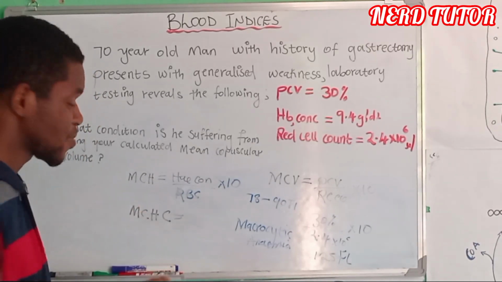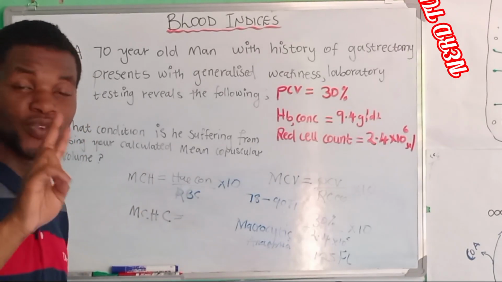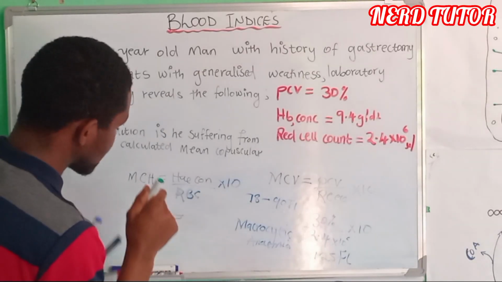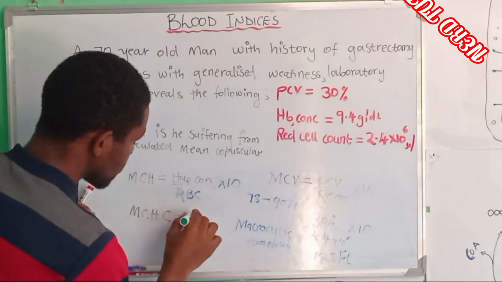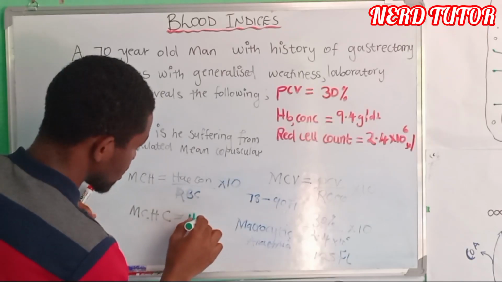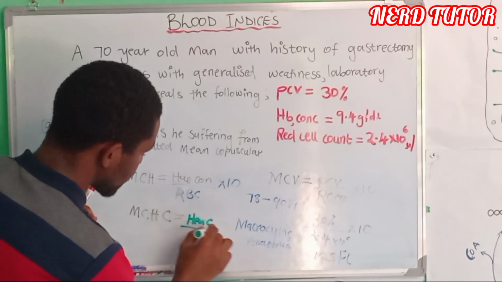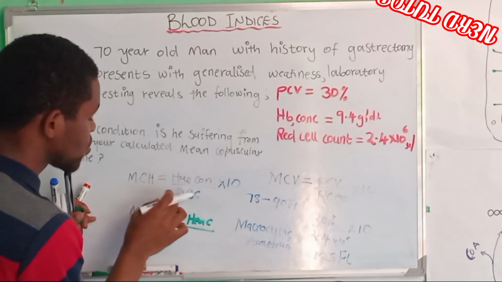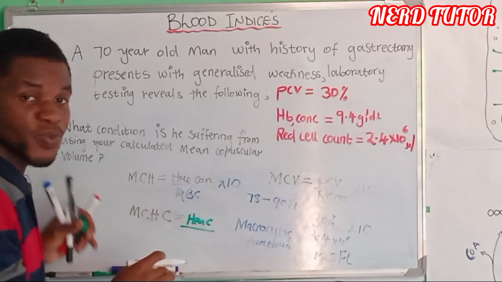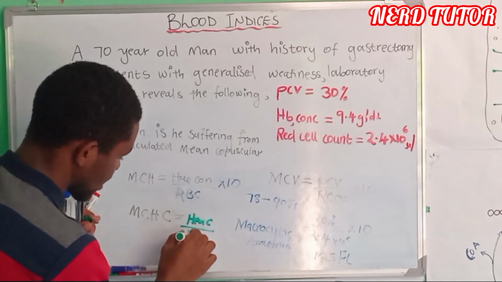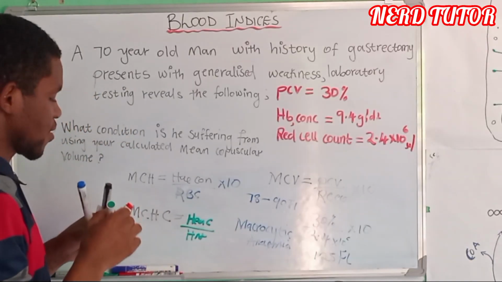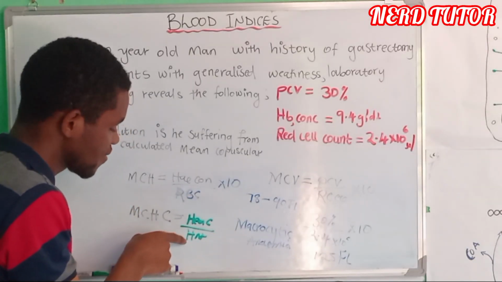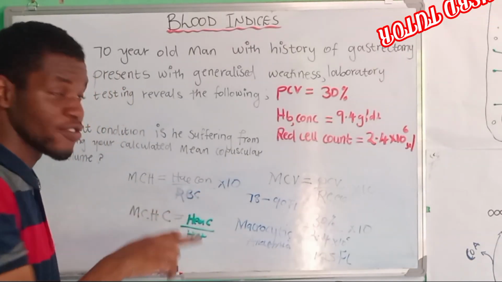All the things that we're going to be putting in the formula, they're going to be two. So mean corpuscular hemoglobin concentration will be equal to hemoglobin over, instead of a red blood cell count, we're going to put hematocrit. Now, hematocrit is having H, even here we're having H, so 2H, have you seen 2H?